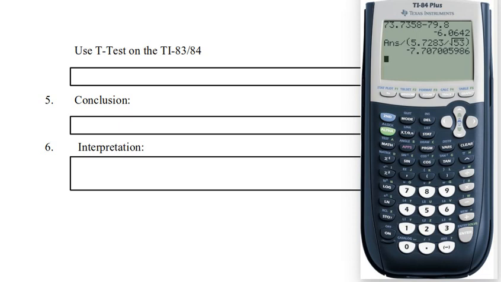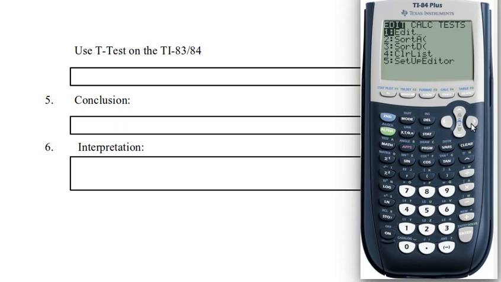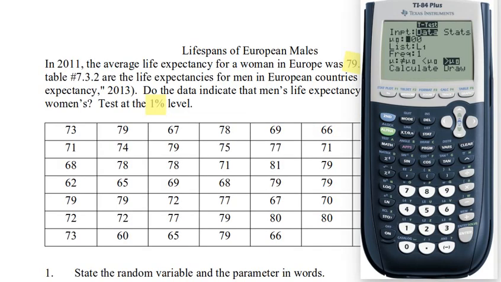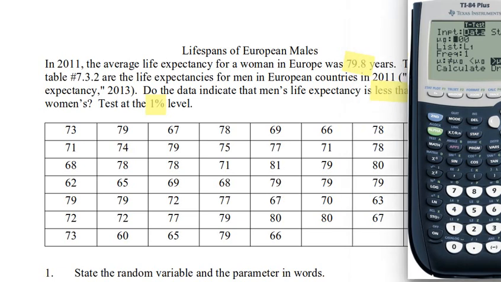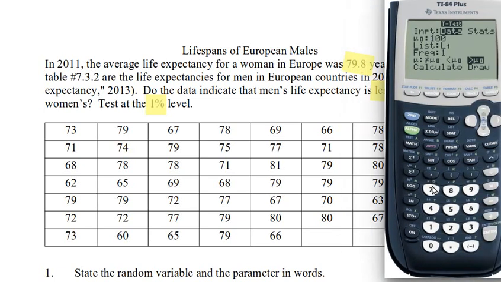And to do that, we're going to go into the stat menu and we're going to go over to tests and down to a t-test. Press enter. We're using the data. The assumed mean is 79.8, so I'm going to enter that, 79.8.